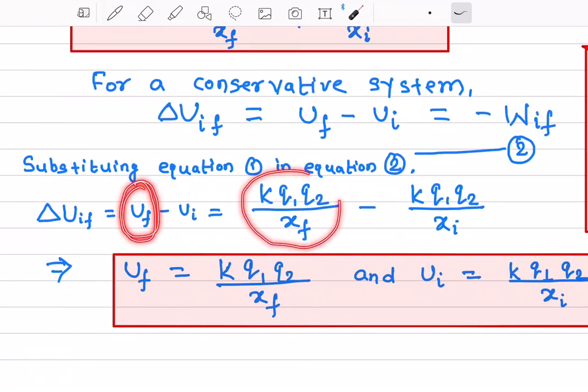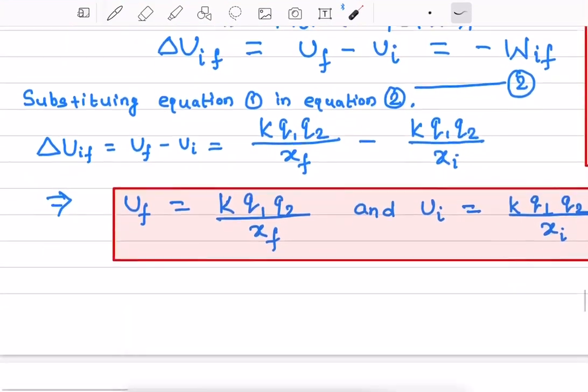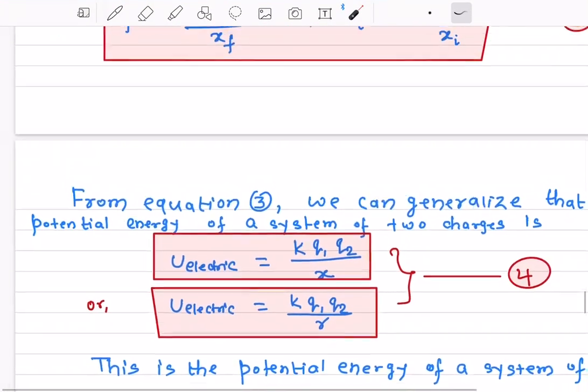Now let's compare the right-hand and left-hand sides. Uf, the final potential energy, will be exactly equal to this value, and the initial potential energy of the system will be equal to this value. That's what I have written here.